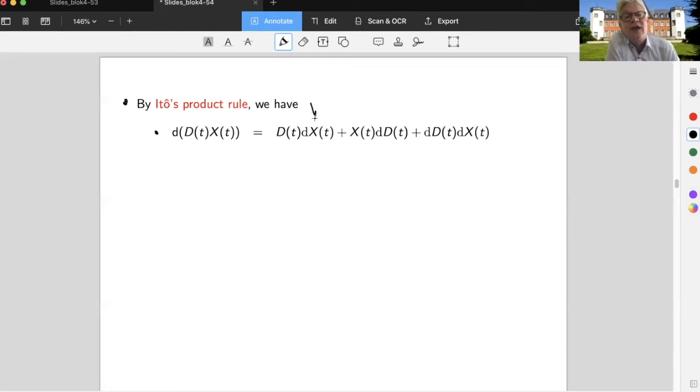Particularly, we have just derived dX. For dD, the change in the discount process, well, that is minus r_t D_t dt, so minus the interest rate at t, the discount at t, times dt.